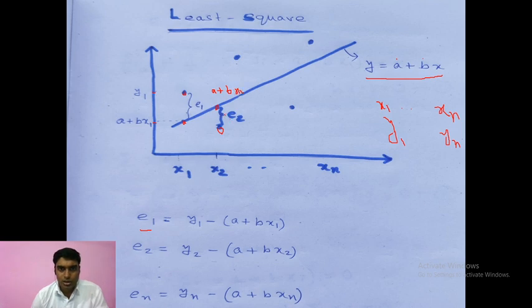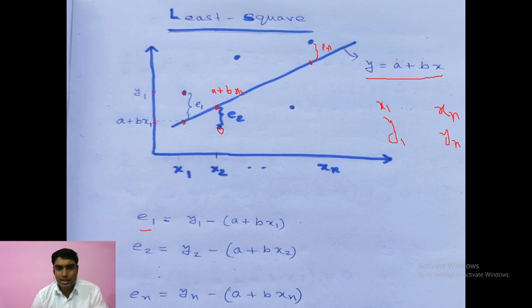In this case your error will be y2 minus (a plus bx2). And similarly for the last point xn, yn, the error is here, let's say en. So en will be yn minus (a plus bxn).